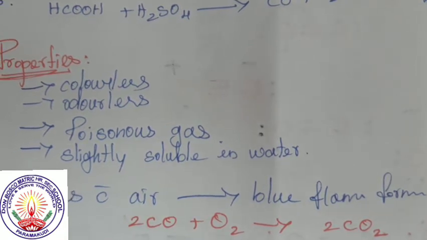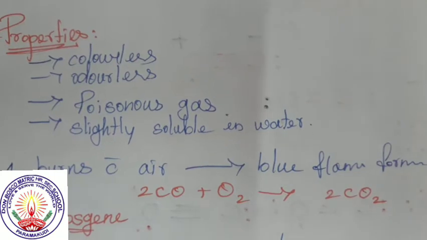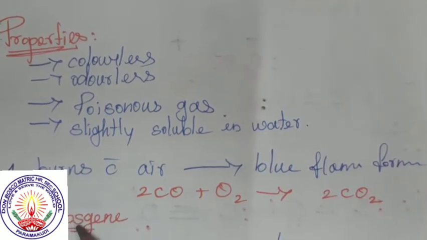For example, when charcoal is burned in the open air, in the oxygen, that becomes more of carbon dioxide. And next one is phosgene.